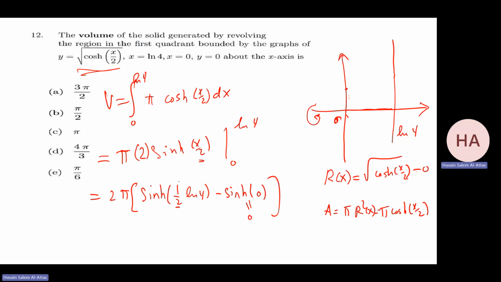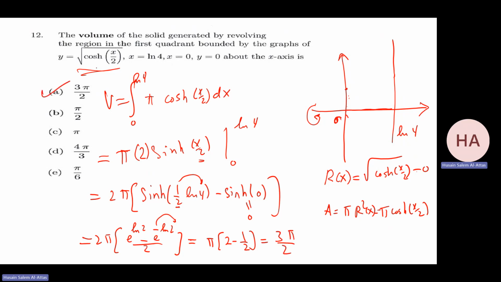This one half will go as a power, so this is ln 2. So that will be 2 pi times e to the ln 2 minus e to the minus ln 2, over 2. That gives me pi times 2 minus half, because this will go as a power. So it will be 3 pi over 2, which is this.